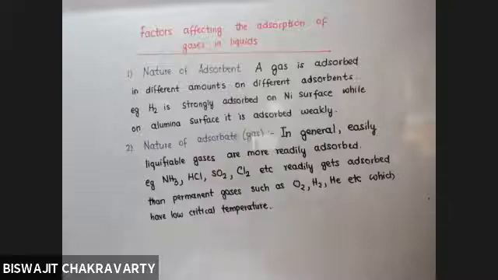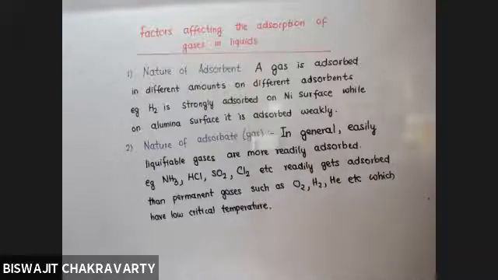Okay, so the gases like O2, N2, H2, helium, etc. have very low critical temperature. They are difficult to be liquefied. And because they are difficult to be liquefied, they have poor intermolecular forces of attraction. And that is why we see that they are poorly adsorbed. It is relatively difficult to adsorb such kind of gases.